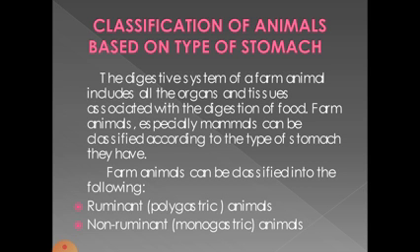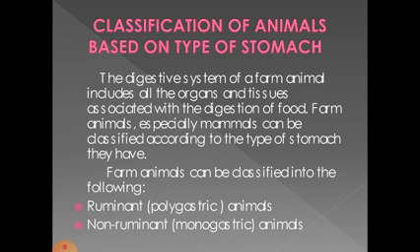and they have the ability of regurgitating their food, which is known as chewing of the cud. They possess a 4-chambered stomach, which includes the rumen, the omasum, the reticulum, and the abomasum. And the abomasum is considered as the true stomach of the ruminant animal.